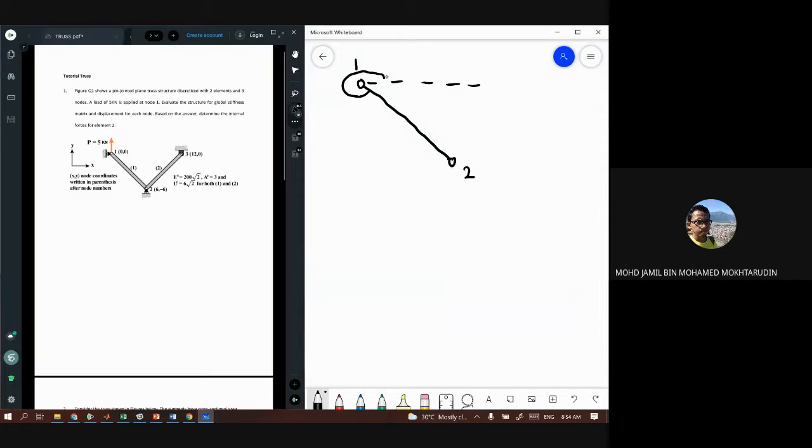So you need to find this angle. The length given here is 6 square root 2, and the Young modulus and area are also given here.